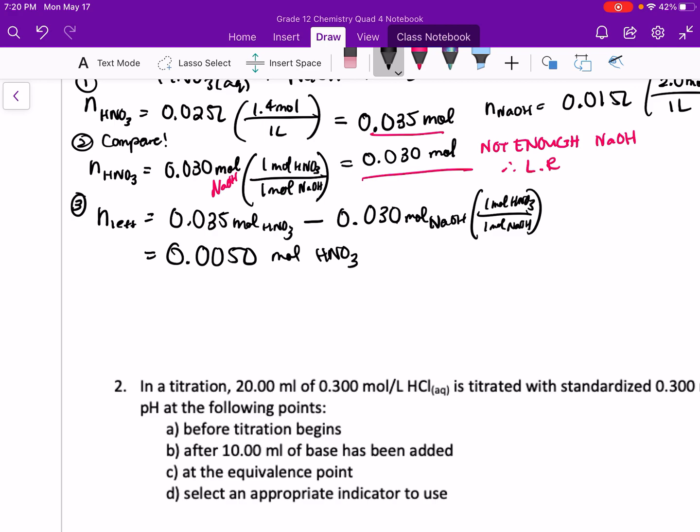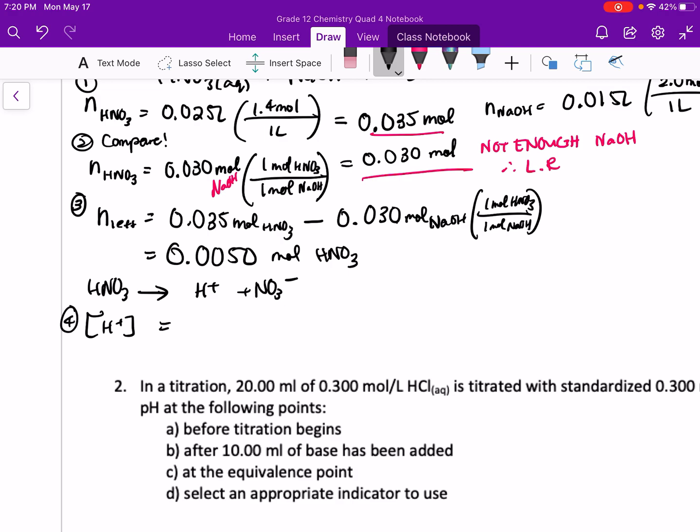Now that I have my moles left over, I want to calculate my concentration of my hydrogen ions. I know, before I get to that, nitric acid only has 1 hydrogen that it gives off. So my concentration for nitric acid is the same as my concentration of hydrogen ions.